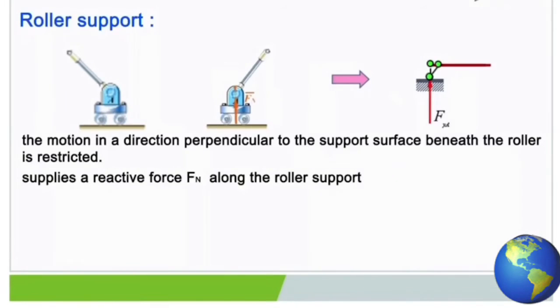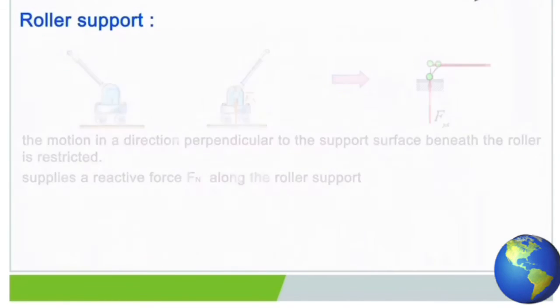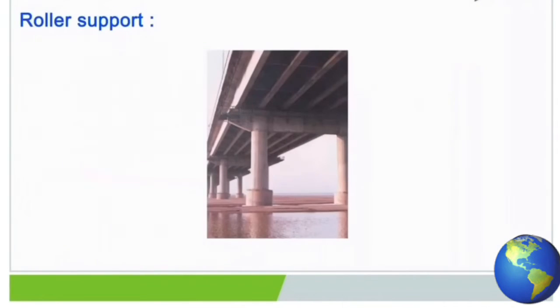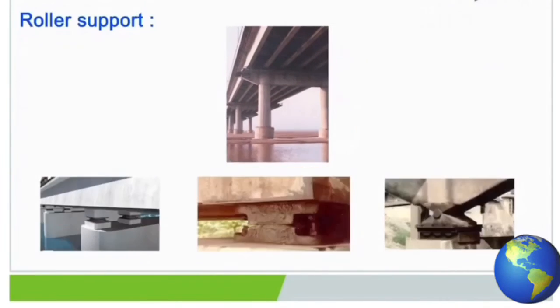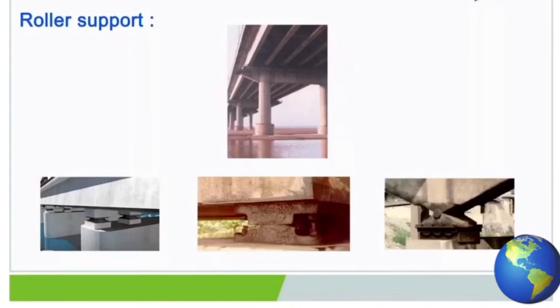It could move in horizontal direction and rotate freely. These kinds of supports are widely used. Look at this bridge. The connections between the main and subsidiary beams can be simplified as roller supports. We could see details from these figures. They are all roller supports.